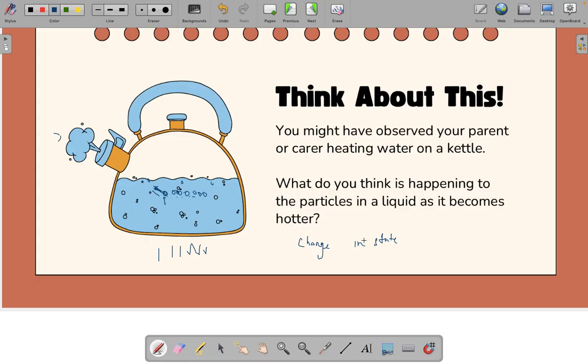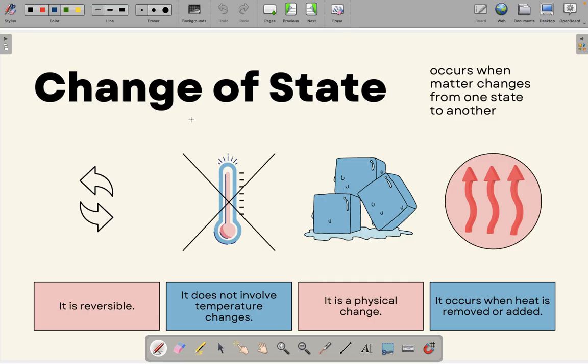So if you provide heat, or if you cool down, you can change states of matter, right? You can change solid to liquid or liquid to solid. You can change liquid to gas or gas to liquid. For some substances, you can even change solid to gas and then gas to solid. Okay. So this is known as change in state, right?